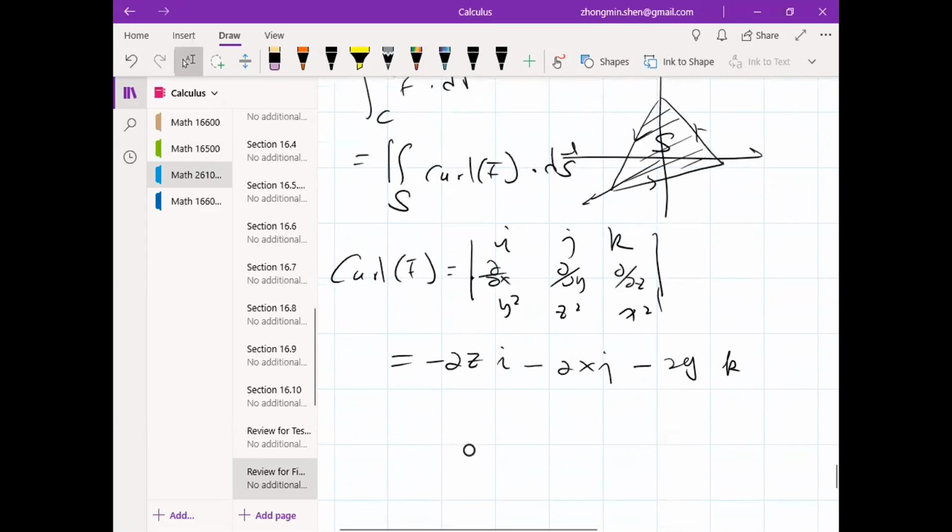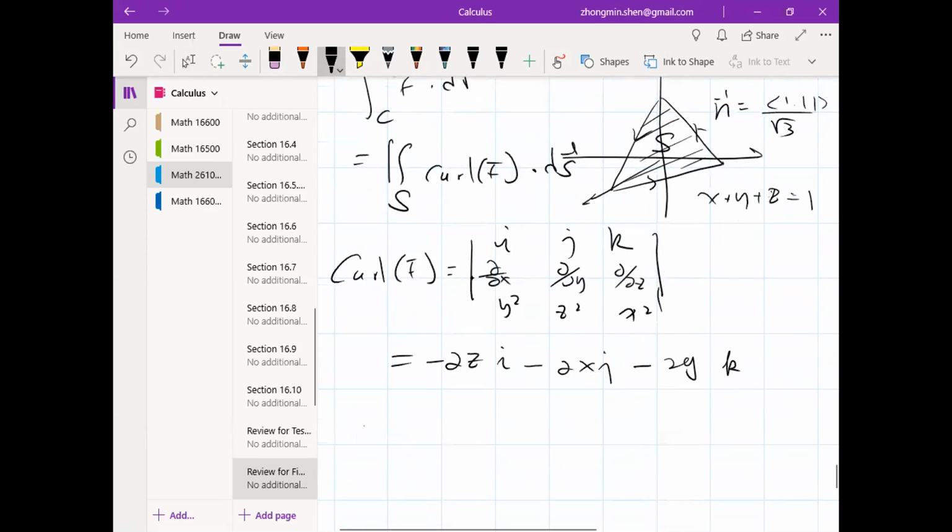So the normal vector n: you see the plane, the equation for the plane is x plus y plus z equals 1. Clearly, the normal vector is going to be (1, 1, 1) divided by square root of 3.